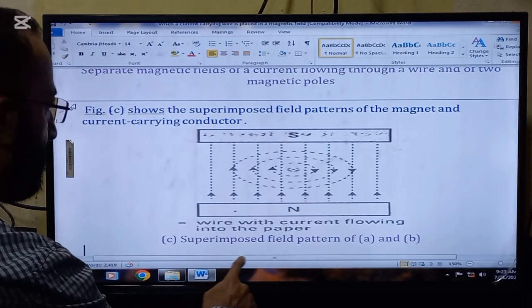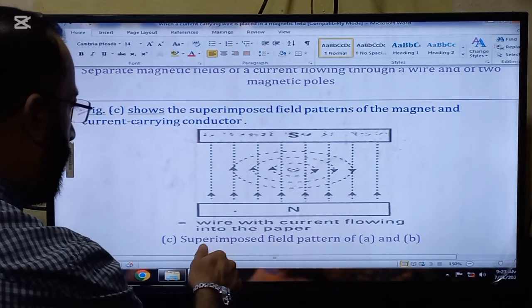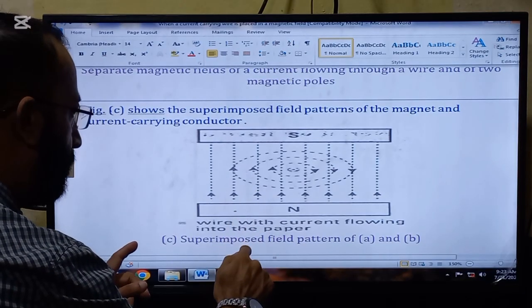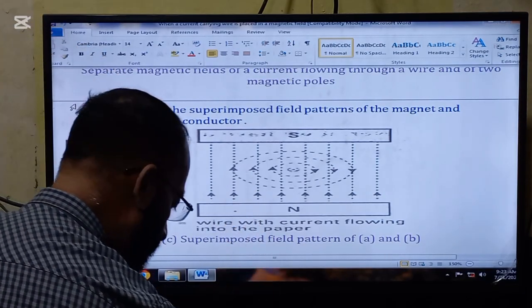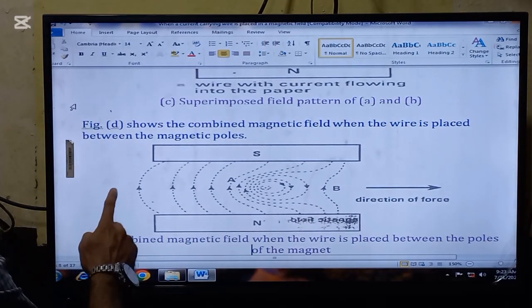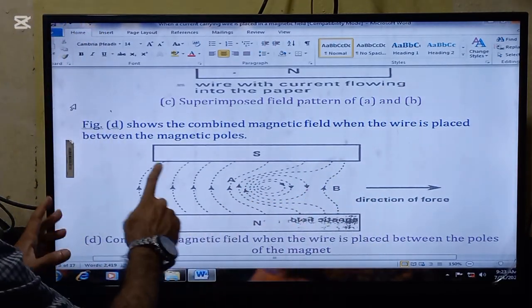Look now, the superimposed field pattern of A and B is for a wire with a current flowing into the paper. So the direction of the flow of the current is into the paper, that is away from you. Figure D shows the combined magnetic field when the wire is placed between the magnetic poles.